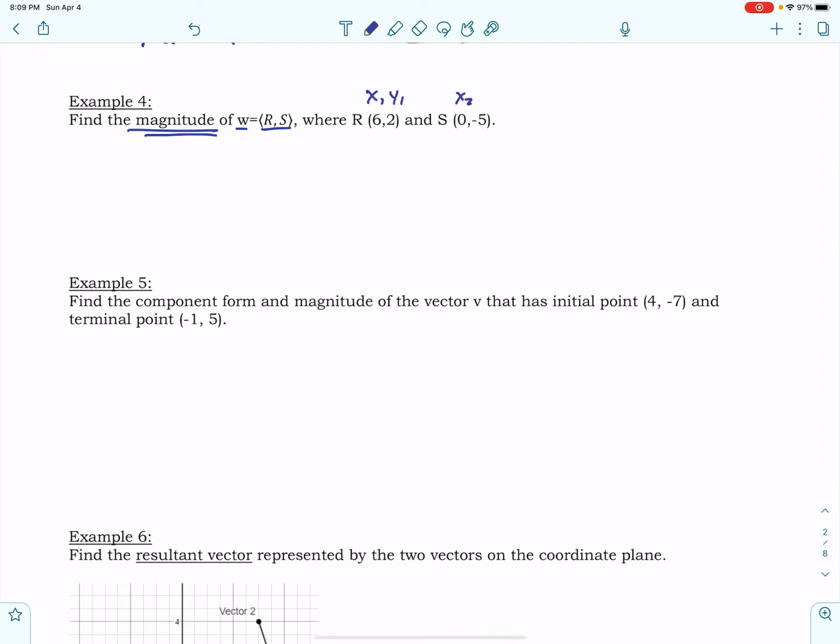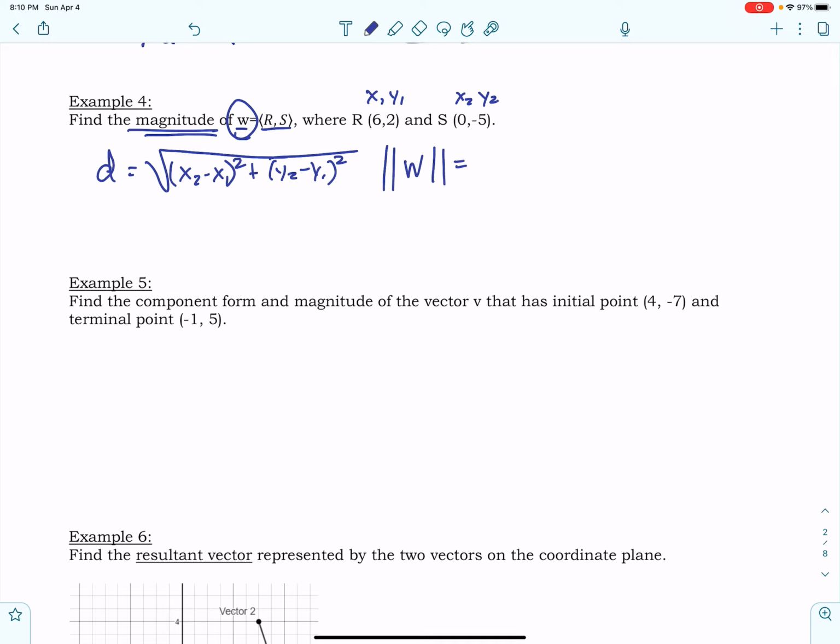Now, the way we indicate magnitude for a vector is we use a specific notation, and that indicates that we are finding the magnitude. It would look like this. We use double bars around the name of the vector. So we defined this as vector W, so it is going to look like that.